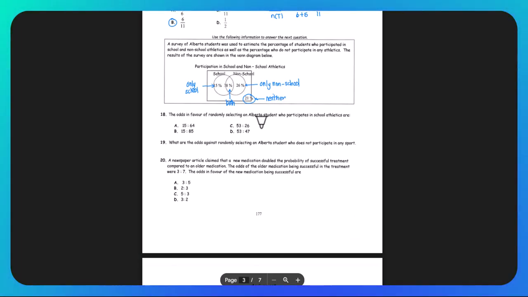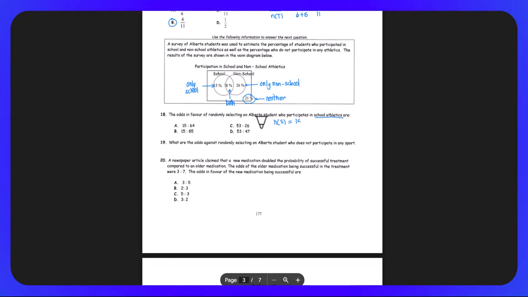So the question is, what are the odds in favor of randomly selecting an Alberta student who participates in school athletics? Well, if they're participating in school, the number who participate in school equals, out of 100, say, because we have been given percent, so we're going to say 100.